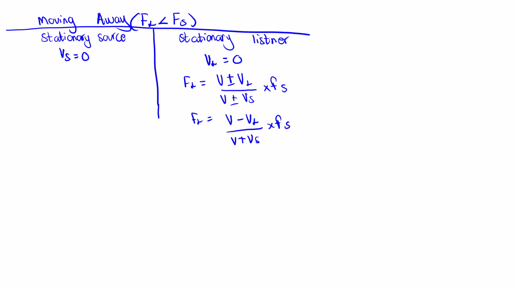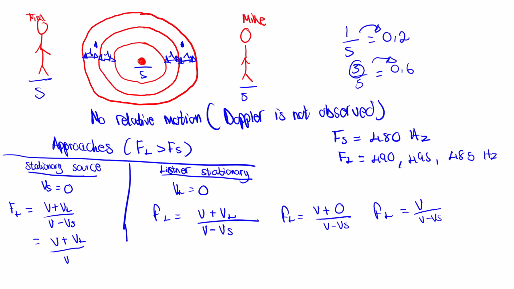The same is just going to apply on this side. So this side is just going to be FL equals V minus VL over V plus VS multiplied by Fs, right? So if we fix our mistake from the previous slide, in that slide we were supposed to multiply by Fs.